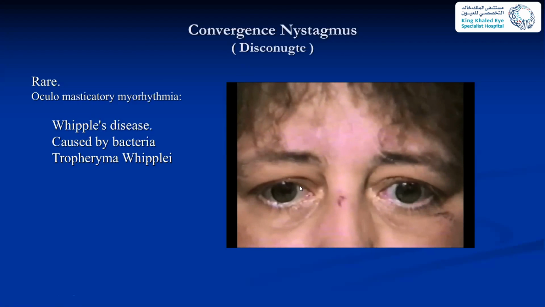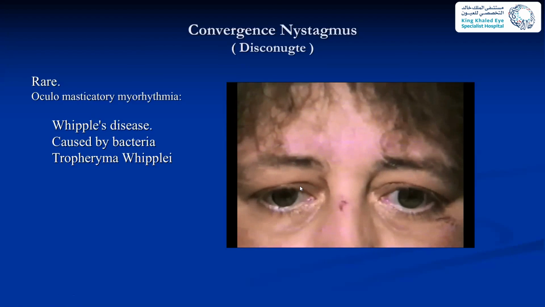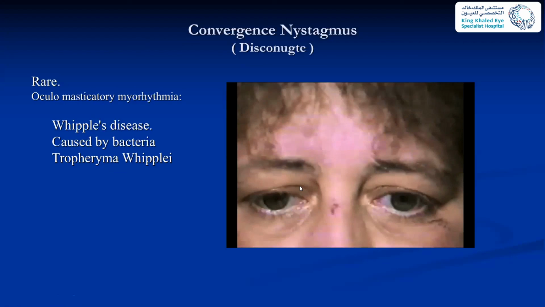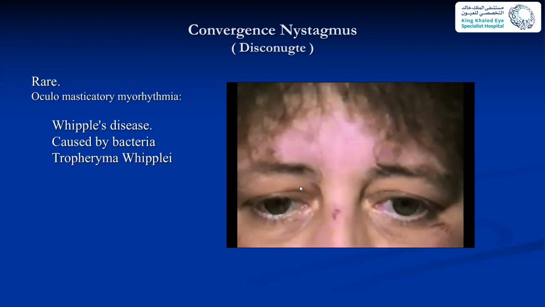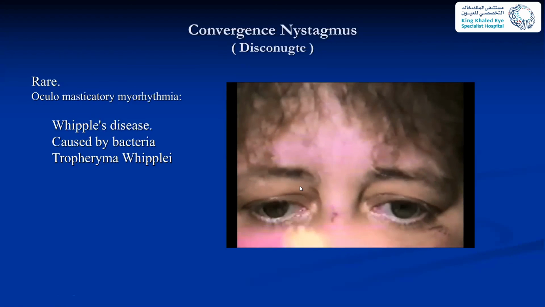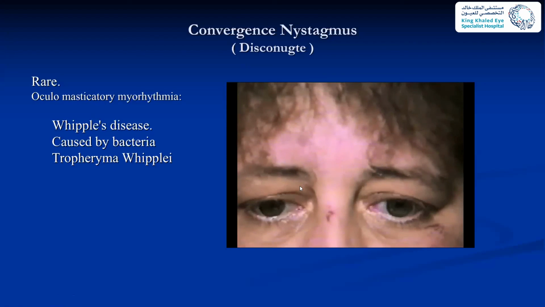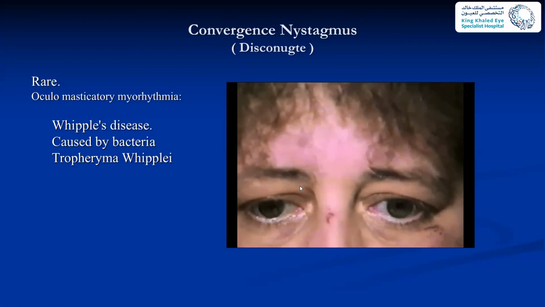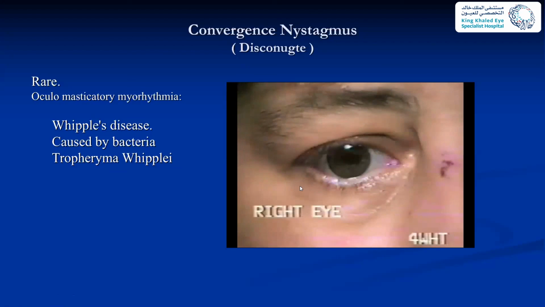And if we notice this, we will diagnose Whipple disease. And usually the treatment is antibiotics for a long time. So you know here how important it is to be able to help in the diagnosis of a rare disease.